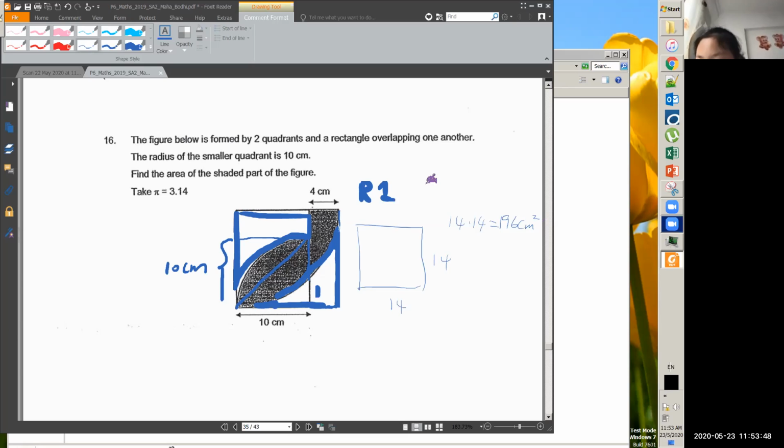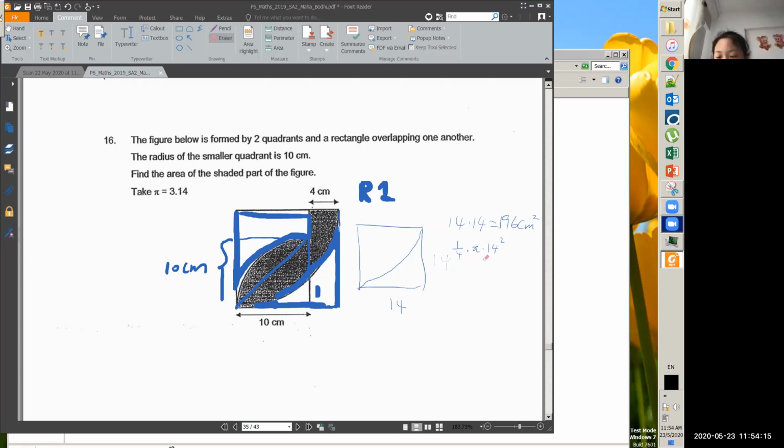Okay. So now, you need to minus off the quadrant, then you get your region 1. So it's 1/4 pi r squared. What's your r? 14, right?